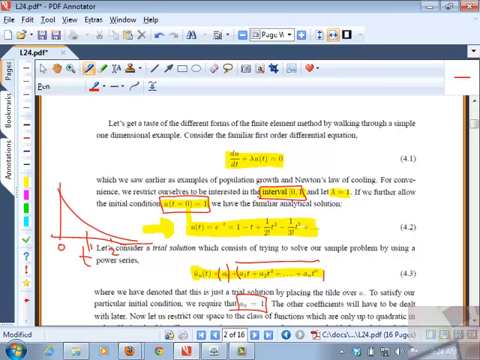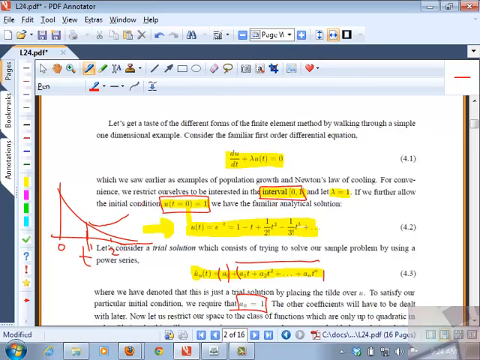What do you think would happen? You want to take a guess? Most of you are shaking your head like that, and that is the right answer. It won't be. You are minimizing the error from 0 to 1. It will be a good approximation over that interval. But if you plot the result for outside, it's going to go something like this, the approximate solution. Okay, so it will not agree.